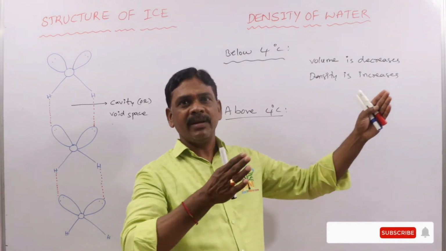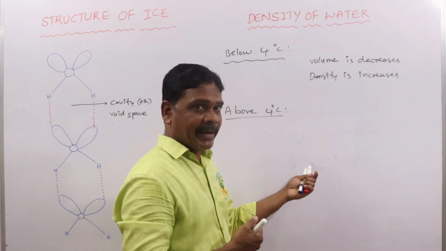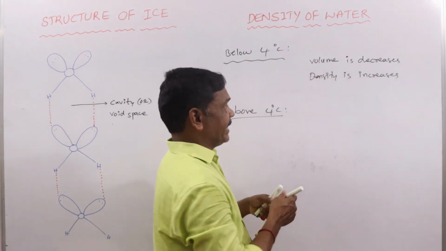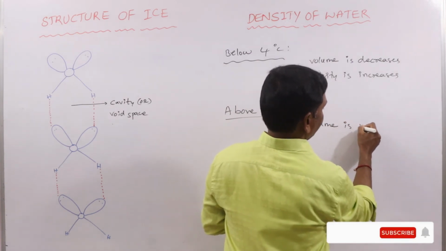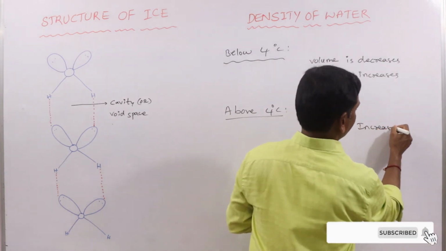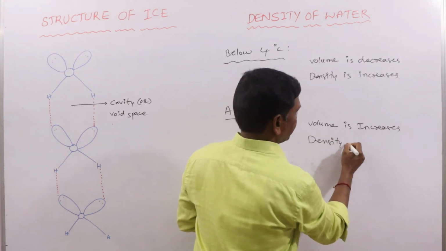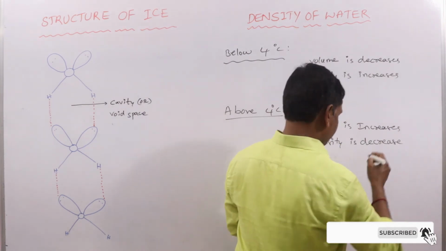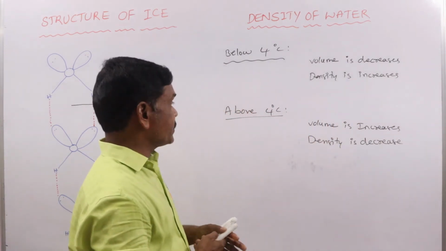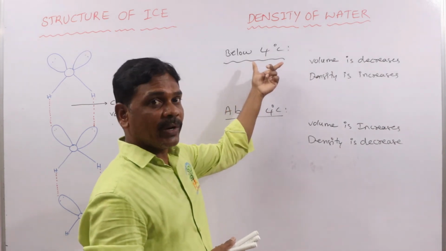So above 4 degrees centigrade, volume increases and density decreases. This is for above and below 4 degrees centigrade.